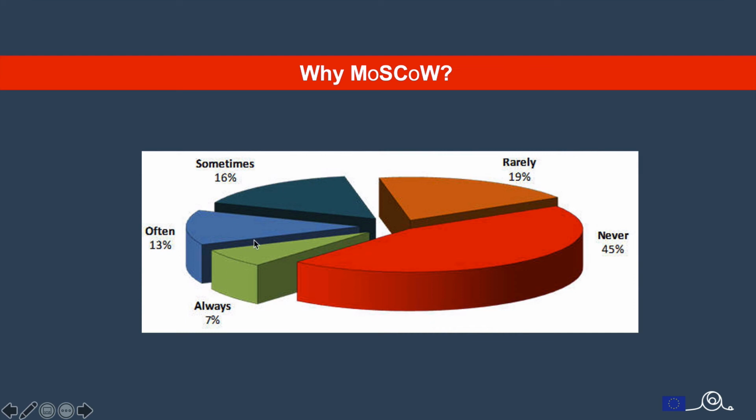So by using MoSCoW, we're able to identify the always, often, and sometimes much quicker. We also identify these, but then we give them a lower priority, so hopefully we don't do them, and we stop someplace around here. Okay, so this is probably must have and should have are up to about here, and then could have are over here, and won't have are over here. Okay, that's a good way to actually see it.